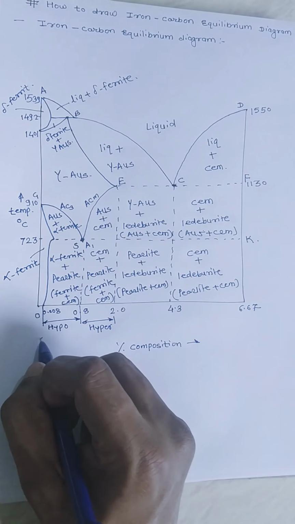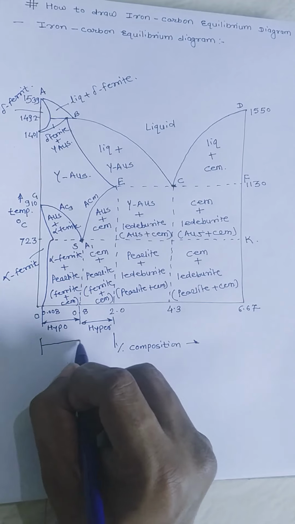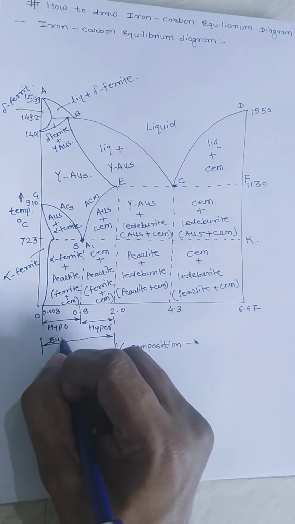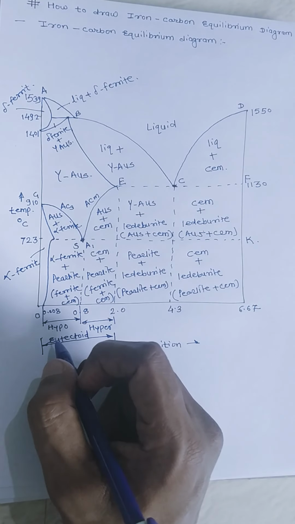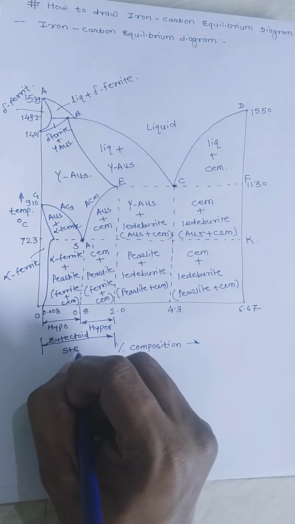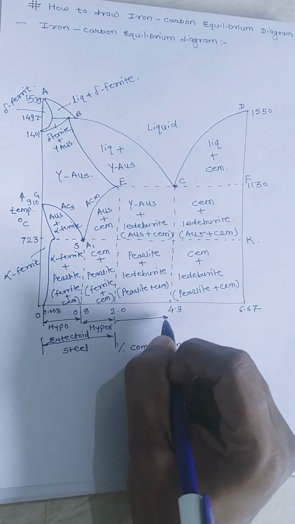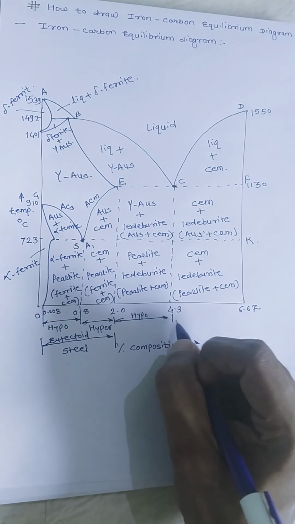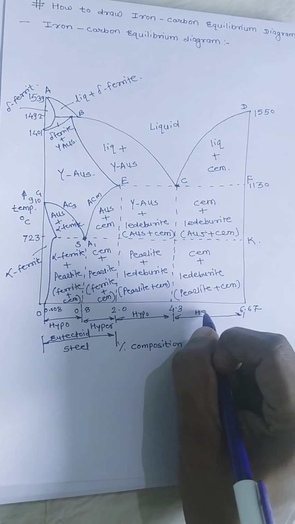This complete region is known as eutectoid steel. After that, 2.0 to 4.3 is hypo, and after that 6.67 is hyper.